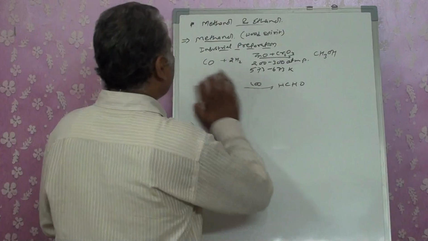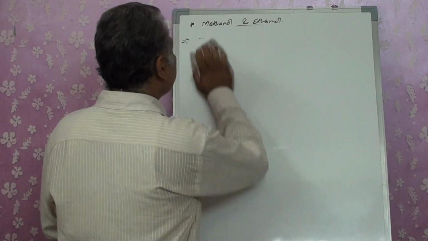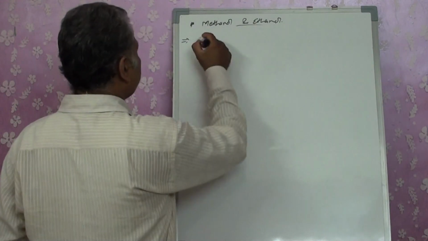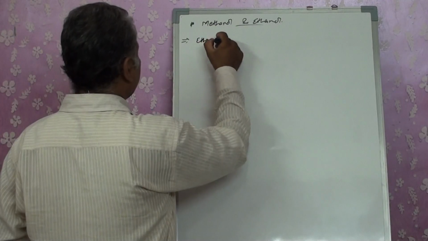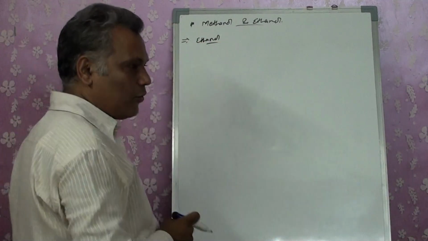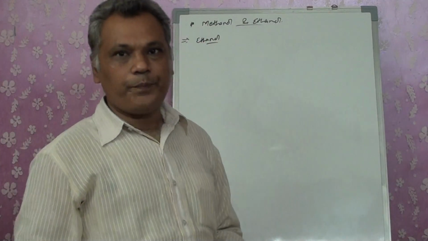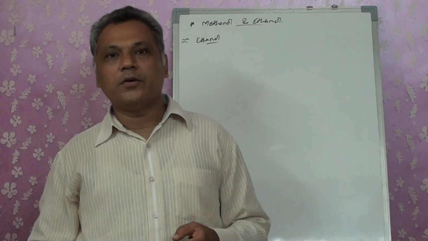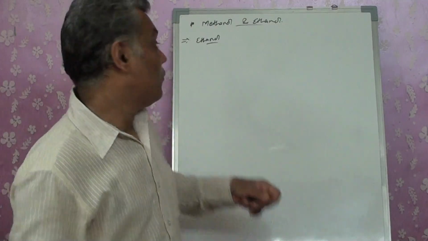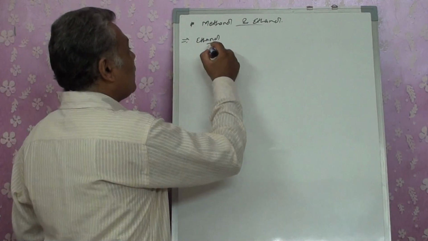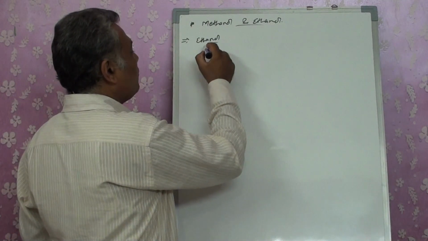Okay. Similarly, the second one we have is ethanol. Now, we know ethanol means an alcohol, right? Many people consume alcohols. For that, we are studying the preparation from sugarcane.